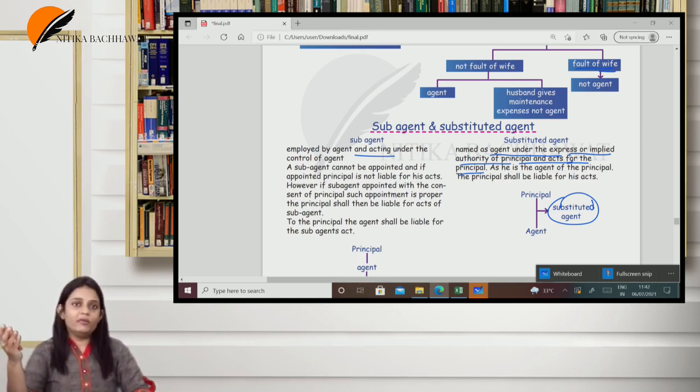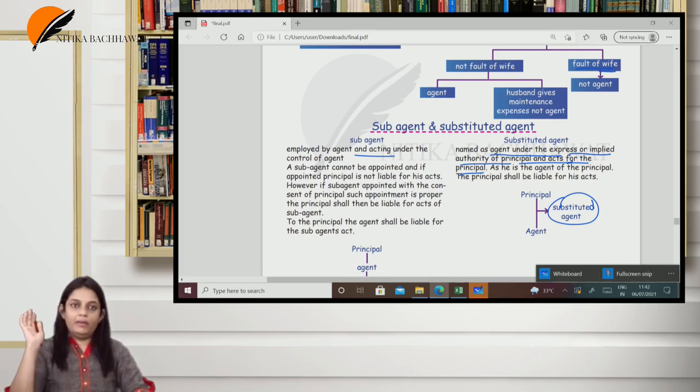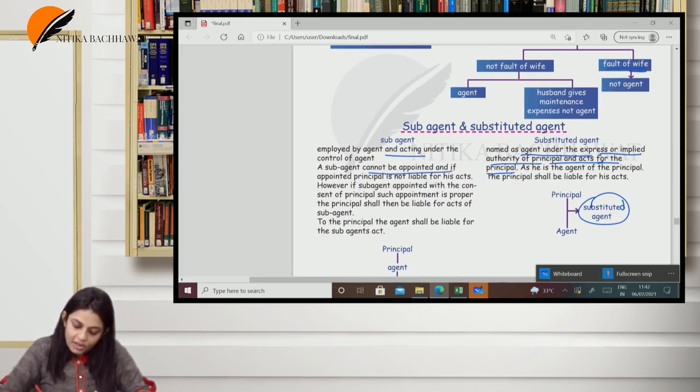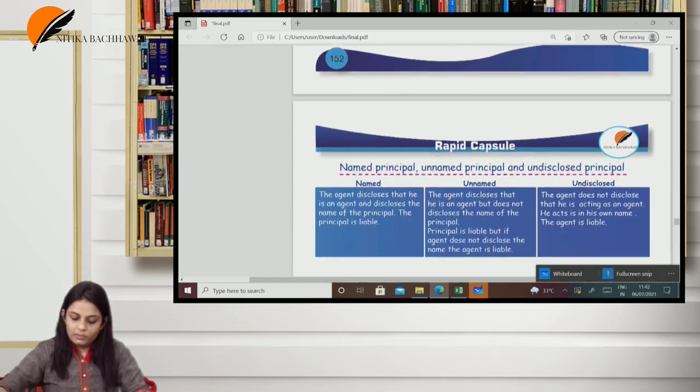How can you delegate it further? However, if it is done with my authority, then you can appoint and I am liable. A sub-agent cannot be appointed, and if appointed, the principal is not liable. However, if the sub-agent is appointed with the consent of the principal, then the principal shall be liable. To the principal, the agent shall be liable for the sub-agent's act. If the sub-agent does anything, you are responsible to me.